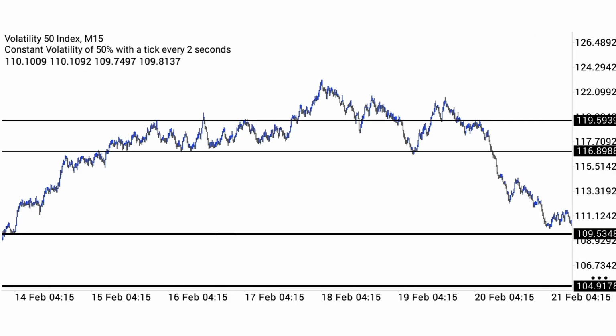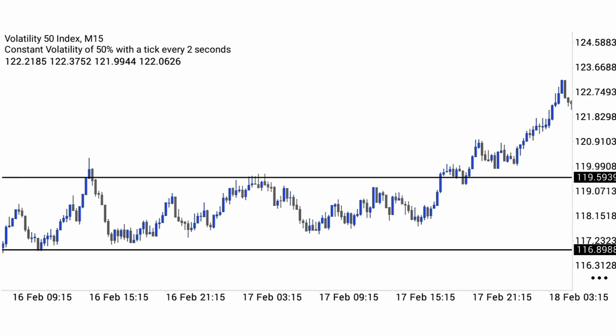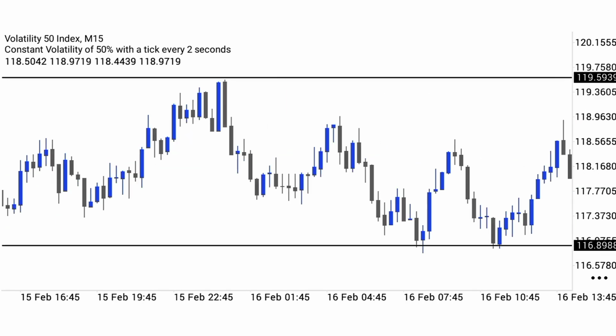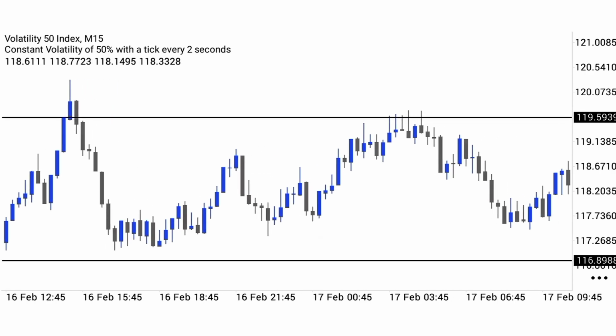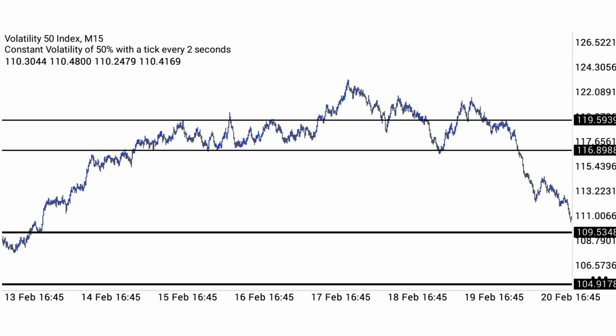And when you're drawing support and resistance, don't zoom in like this. A lot of traders like to zoom in, then start drawing support and resistance. But for you, don't zoom in. Just zoom out. Make sure you have zoomed out to the last level.